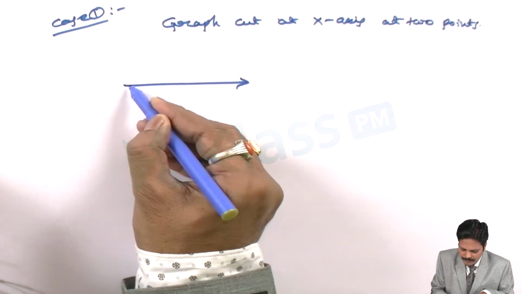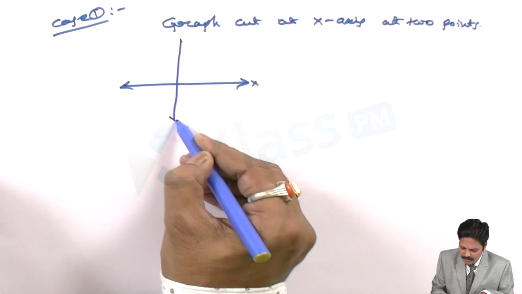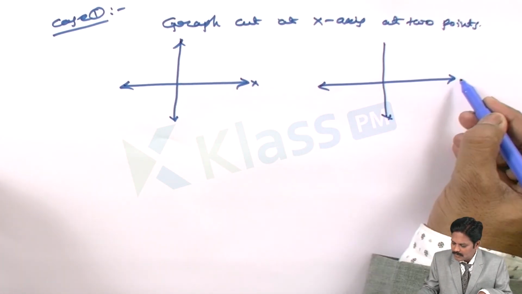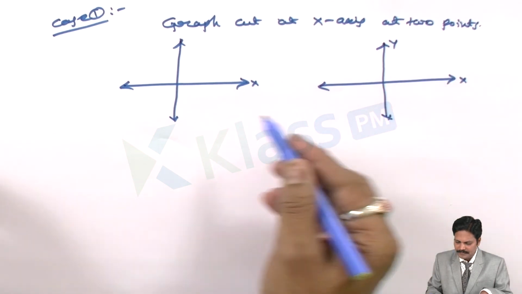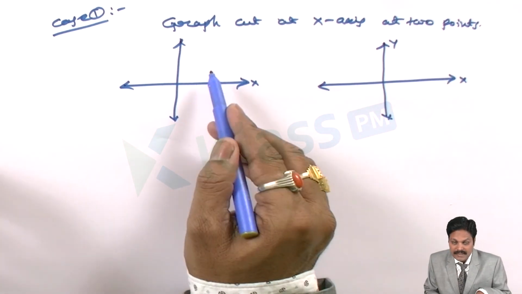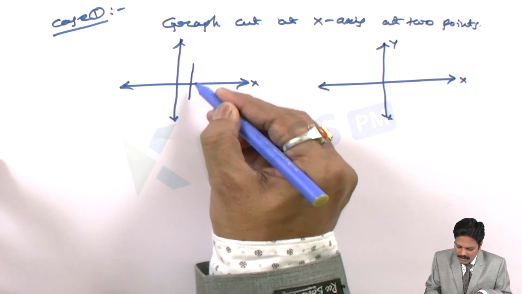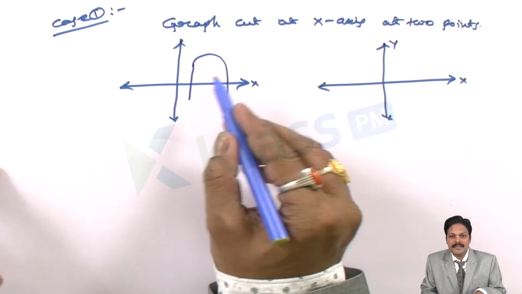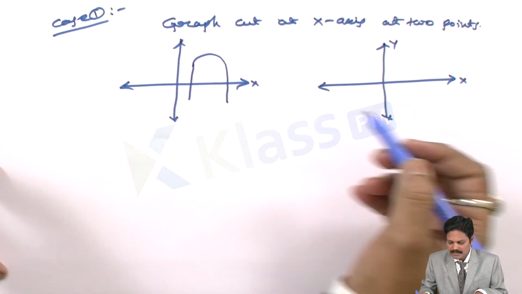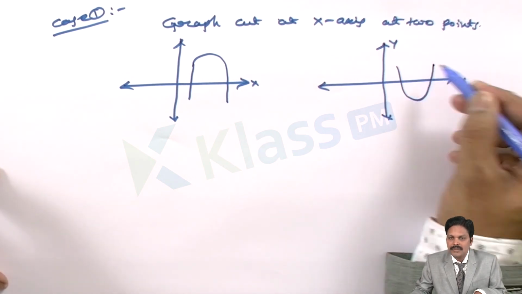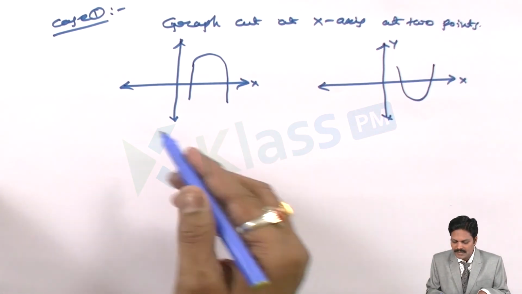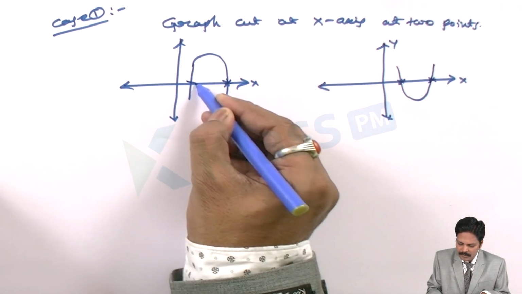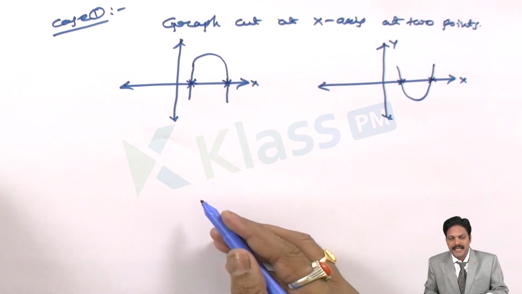See, this is the x and this is the y, and the next one I am drawing here, with x and y. One is the upward parabola intersecting the x-axis in two distinct points, or the downward one also. This is case 1. So in this case the parabola intersects the x-axis at two distinct points.